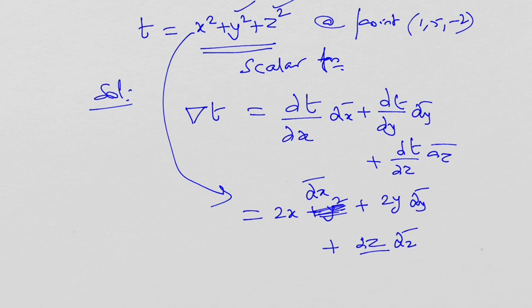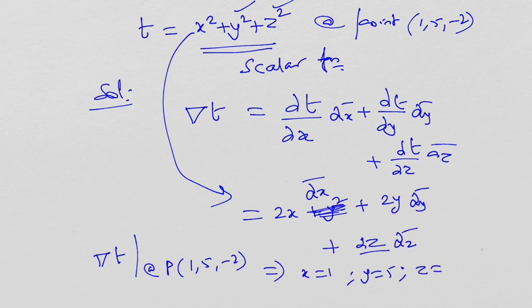So if you calculate del t at any point p whose coordinates are given by 1, 5, minus 2, you can just take x equal to 1, y equal to 5 and z equal to minus 2 and substitute in this function to find out what del t at point p is.